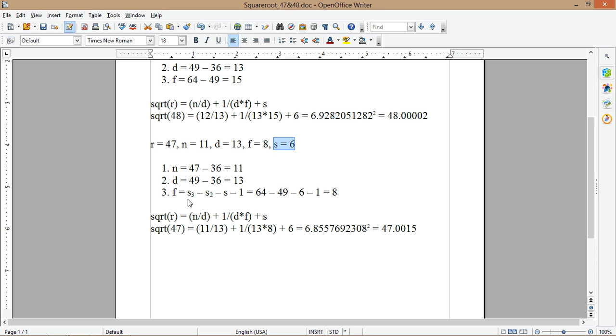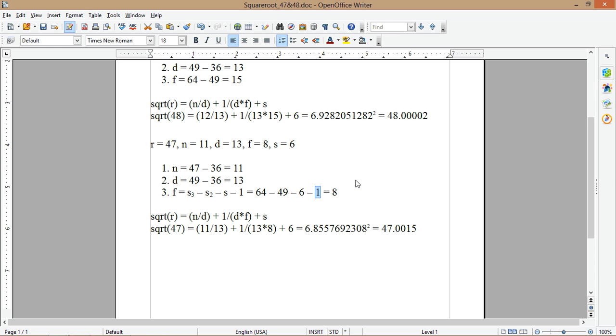So it's just a very simple algebraic expression, right? All we're doing is the same thing we did for 48, 64 minus 49, which we know is equal to 15, minus 6, which is the square root of 36. And finally, subtract 1. For those of you who are following along, these are all pretty obvious. So you might be asking, where did you get 1?